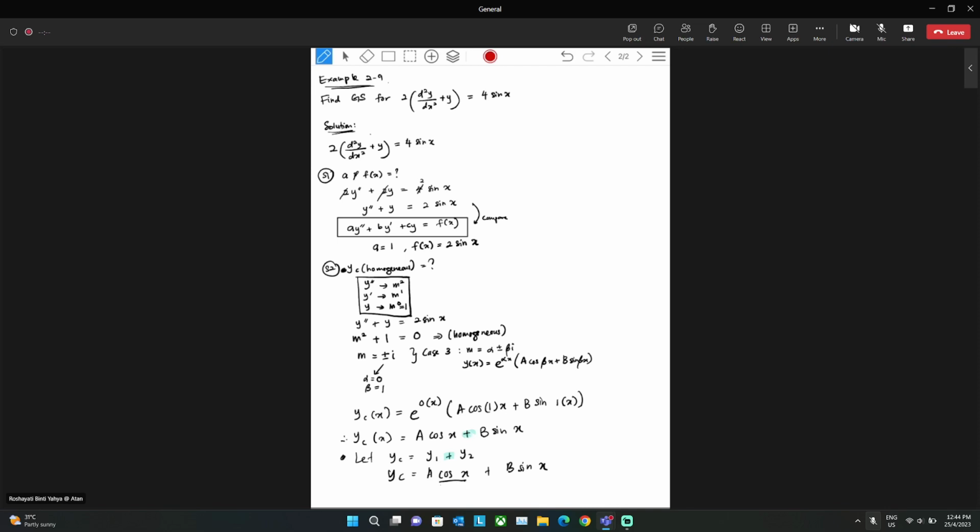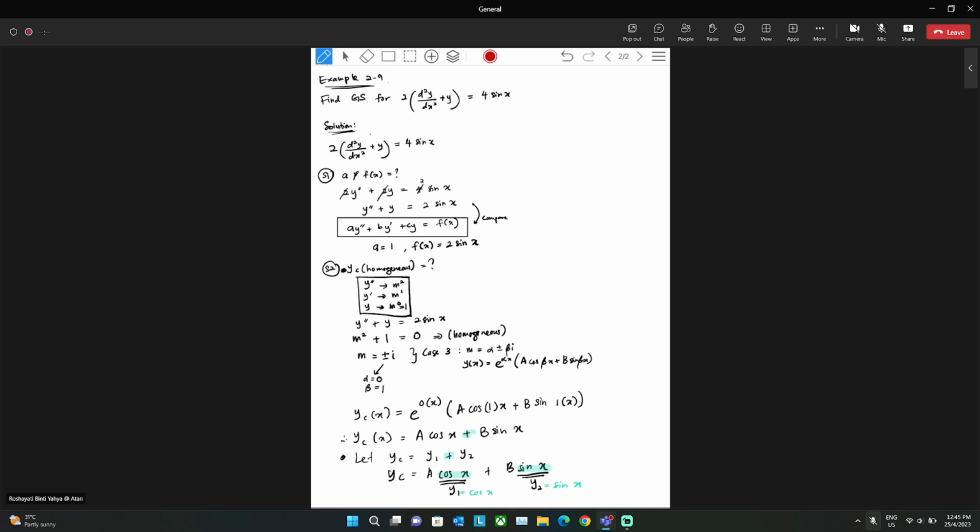So cos x becomes y1, sin x becomes y2. Take only that, a and b we can leave it.